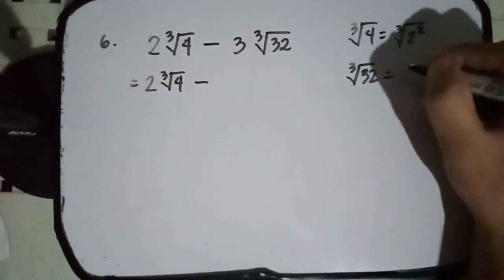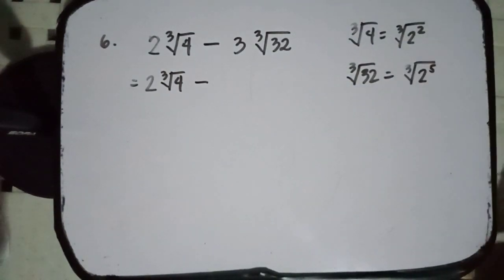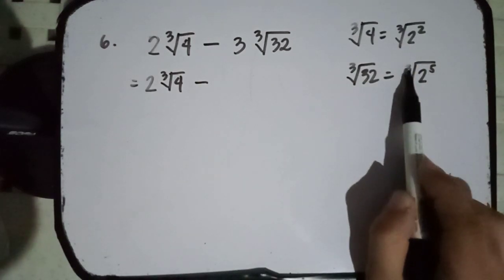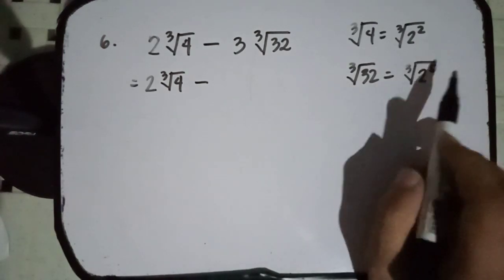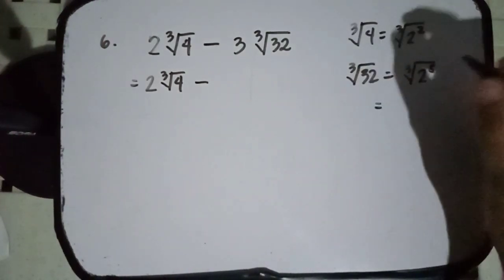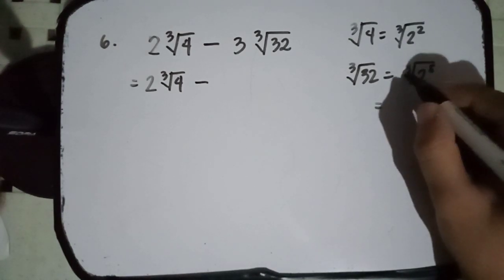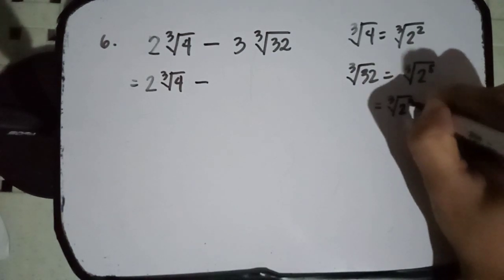So, this is equal to the cube root of 2 to the 5th power. Okay? So, yung exponent na 5 ay mas malaki dito. So, we have to simplify or remove the perfect cube from here. Okay? So, kunin natin yung 2 raised to 3. Diba? Kasi ang index ay 3. So, cube root of 2 cubed.